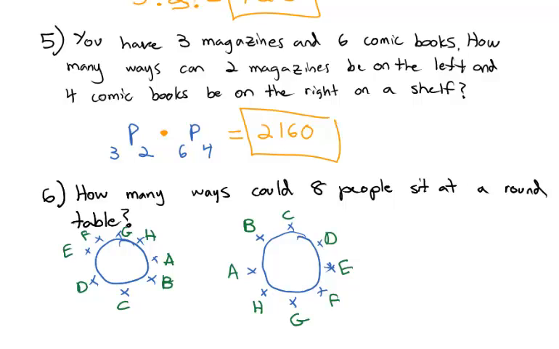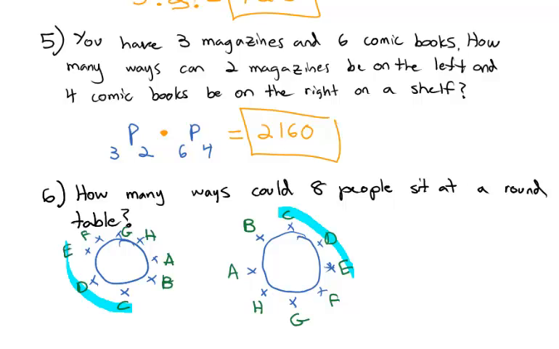These really are the same exact arrangement because D is always by C and E. D has E to his left, C to his right. On the other arrangement, D has E to his left, C to his right. And we would notice that with any ordering on this table, it doesn't matter how you rotate the table, you get the same arrangement.